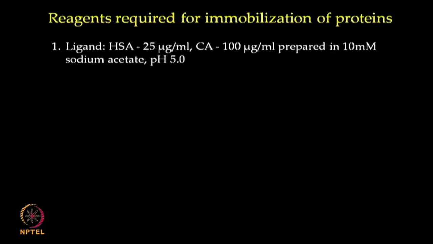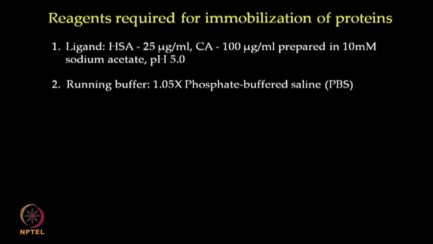The proteins are prepared at working concentration of 25 microgram per ml for human serum albumin and 100 microgram per ml of carbonic anhydrase using an immobilization buffer of pH 5.